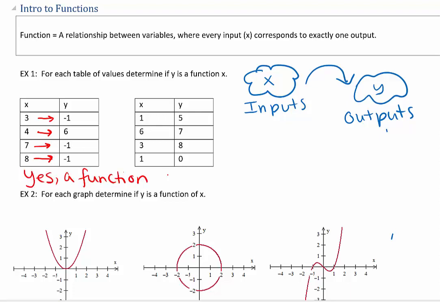So this first table is a function. However, in the second table, notice x equals 1 actually corresponds to two different y values. X equals 1 could be mapped to 5 or 0. That means the second table of values is not a function. So it's okay to have the same y value. It's not okay to have the same x value appear with different y values in your table.